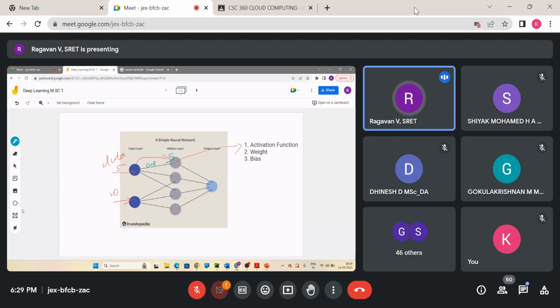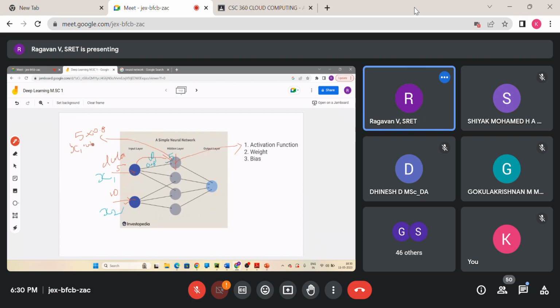I'll just type it like this. I'm taking this as input x1, input x2, and the 0.8 is weight w1. So here the input is 5 into 0.8, which means x1 into weight w1.